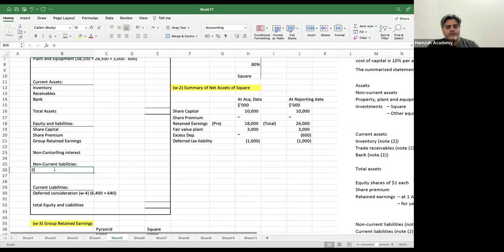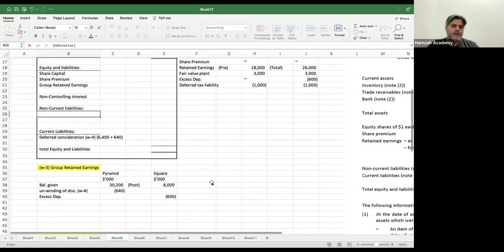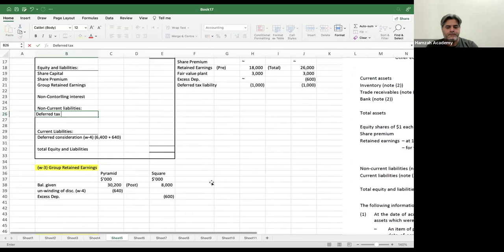So non-current liabilities, deferred tax, I have 16,500 over here, and this is 4,000. So I'll write the deferred tax separately over here. 1,000 over here, right?